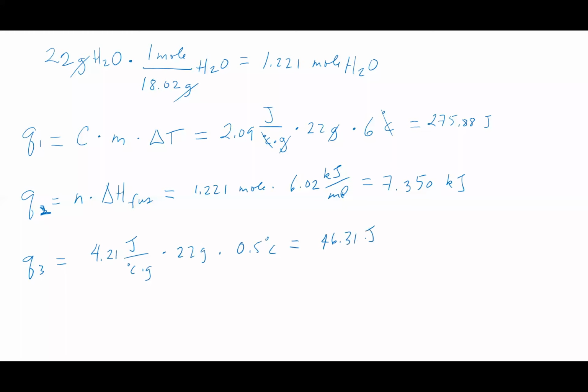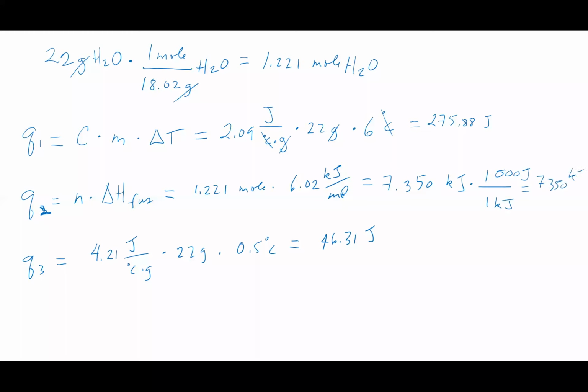Before we add these up, we would have to convert Q2 to joules so that we could add up the joules. That's very easy to do. We'll just multiply by 1,000 joules equals 1 kilojoule.